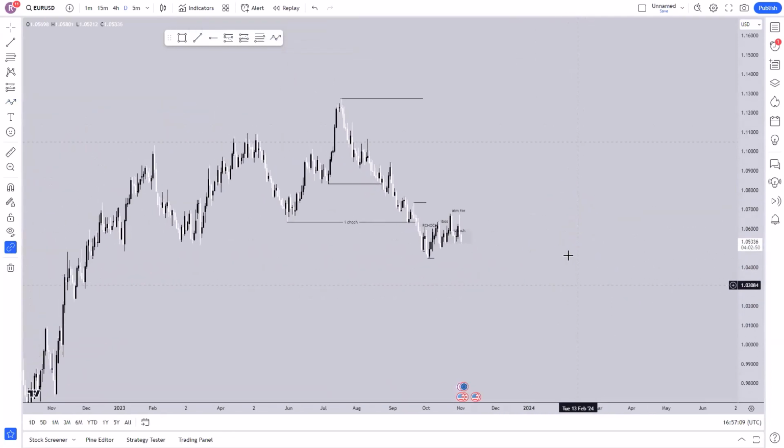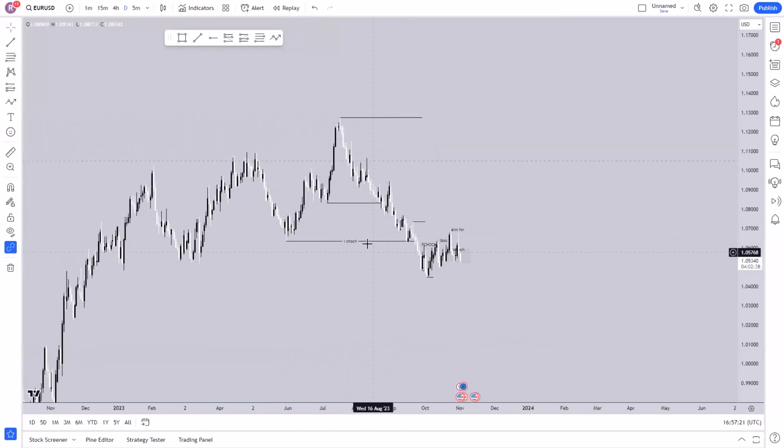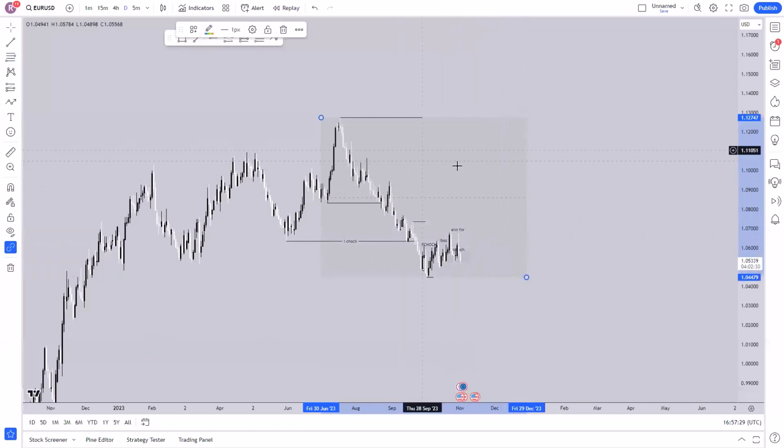The same way here. We have supply within this level, okay? All of this is valid supply because look, it took a lot of money to cause this break of structure, or this change of character rather, sorry. So we want to trade within that premium pricing, where it's a better price to sell from.